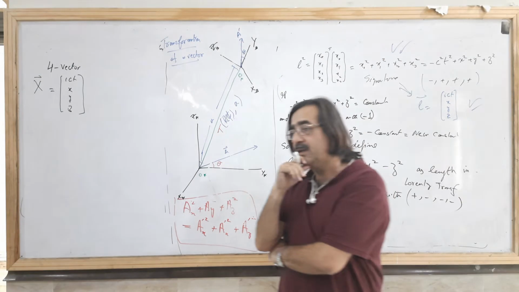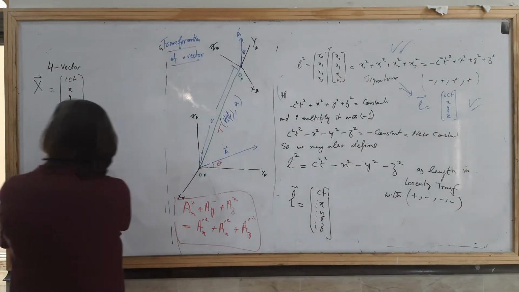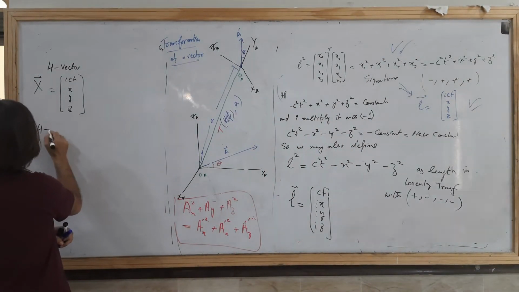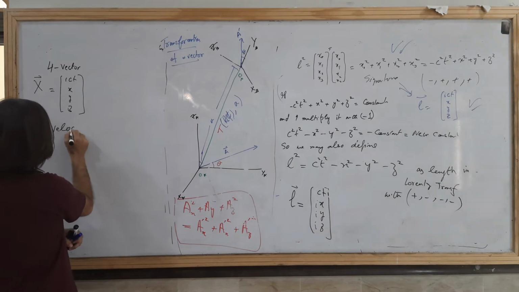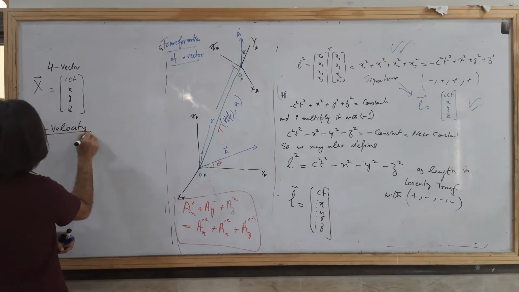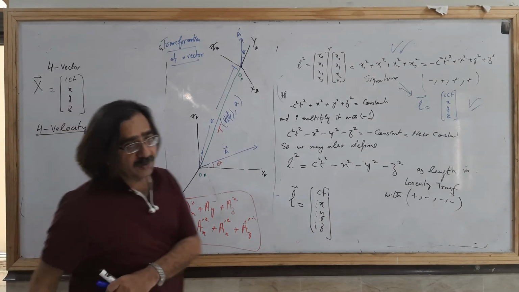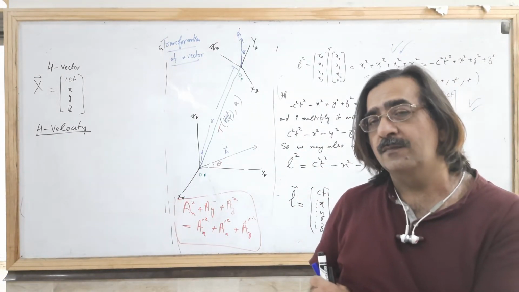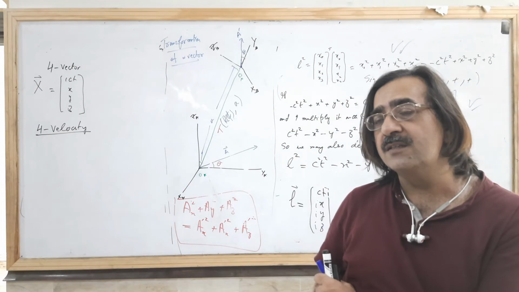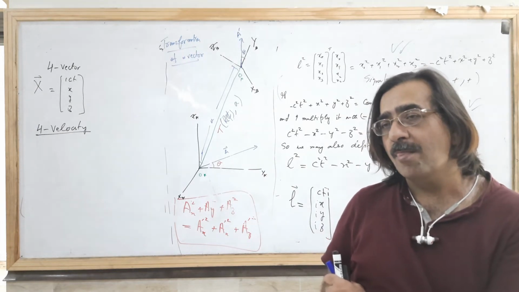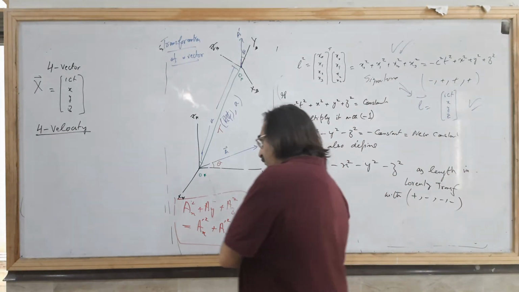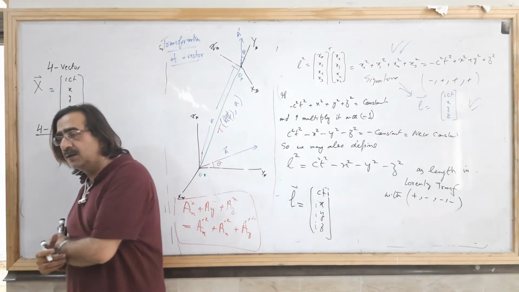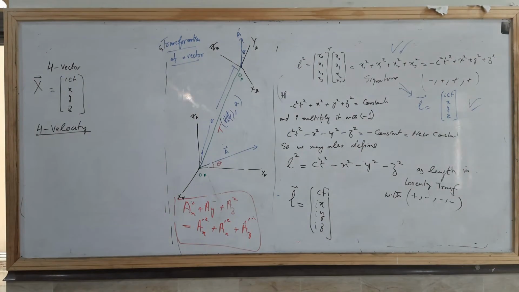4 velocity क्या है? Yeah, this is a 4 vector. What is the 4 velocity? What is the velocity? The velocity is the rate of change, your first derivative of position with respect to time.